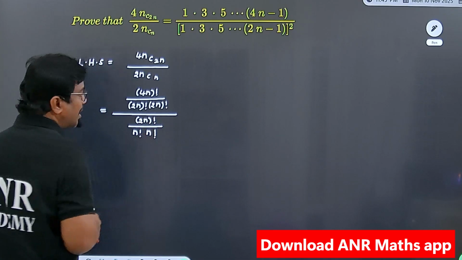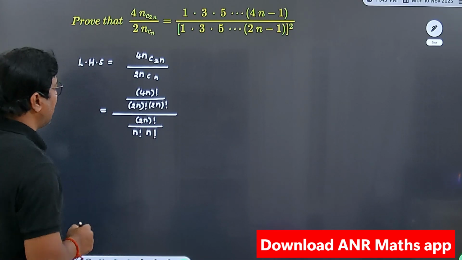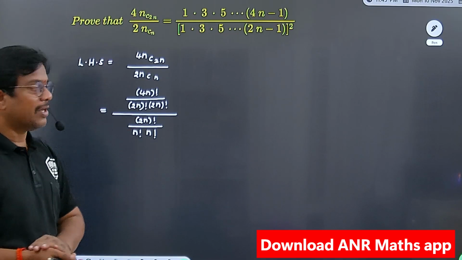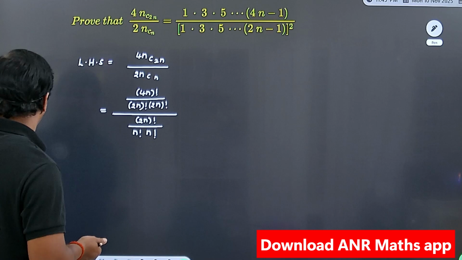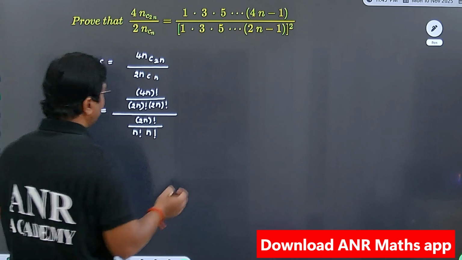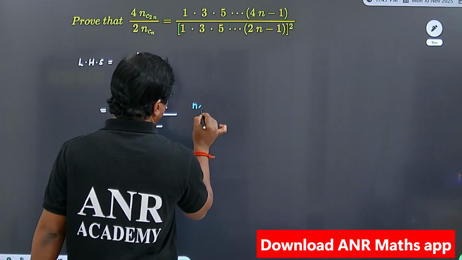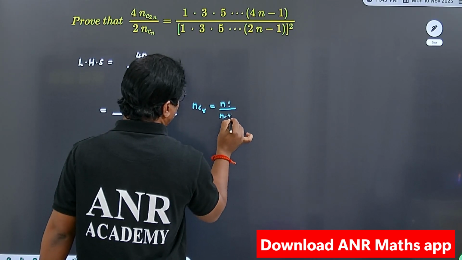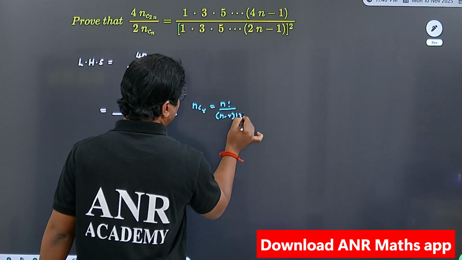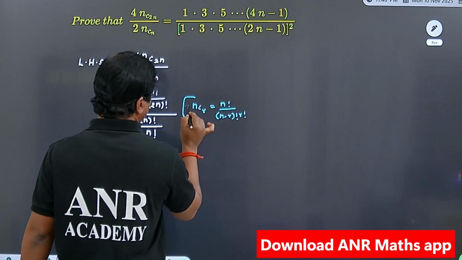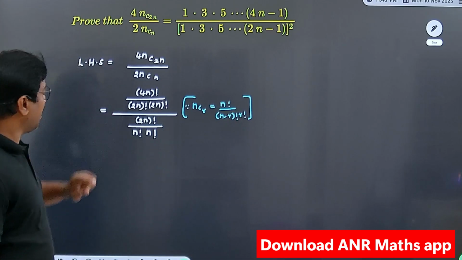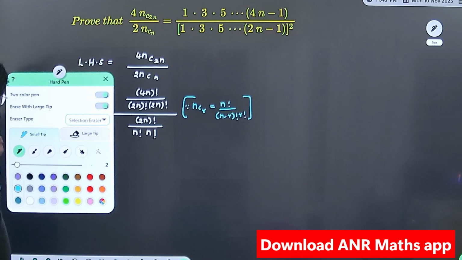This is using the nCr formula. You can write nCr as n factorial by n minus r factorial into r factorial. Here it is applied, and using this you got the numerator and denominator part.